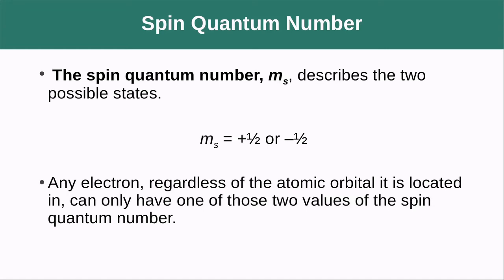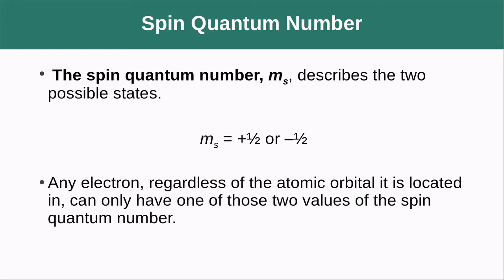But what it's really trying to get at is that electrons have a directional vector that's associated with magnetism. Spin is to magnetism the same as charge is to electricity. It's the smallest unit of magnetism.